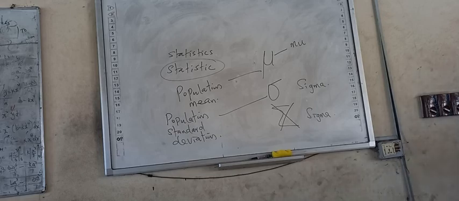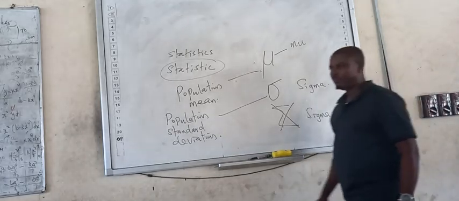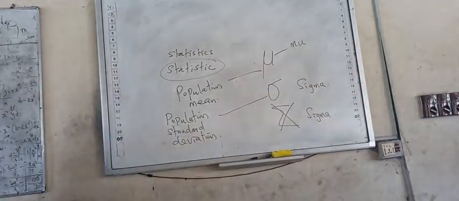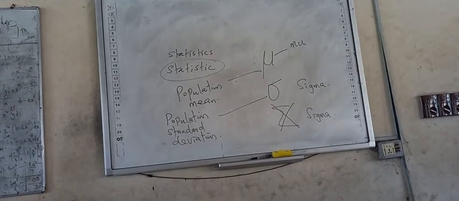Statistic has the same definition as parameter. Only in your definition, you turn population to what? Sample. Now define it. It's a numerical value that summarizes what? Sample. It summarizes sample.